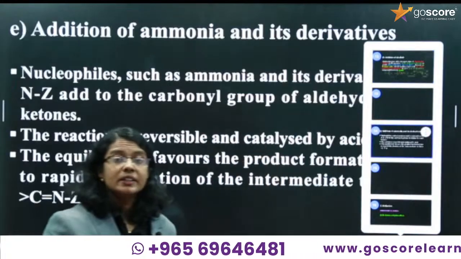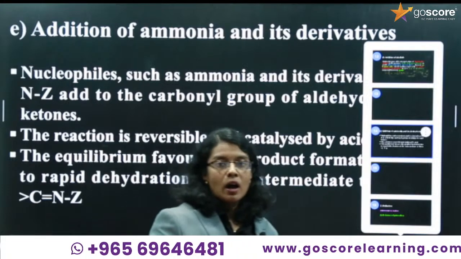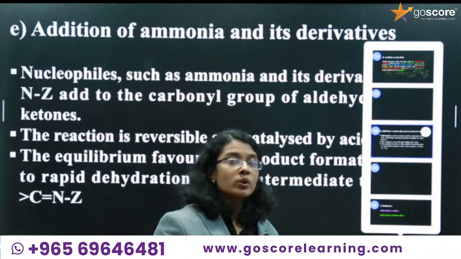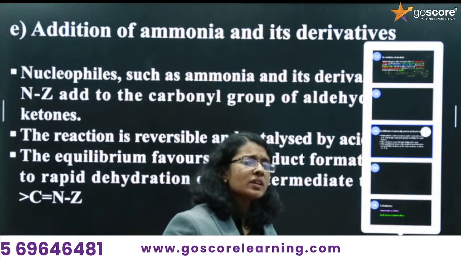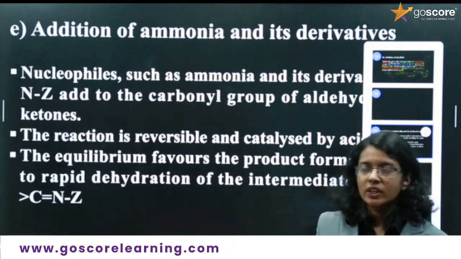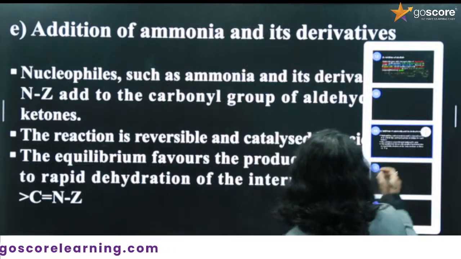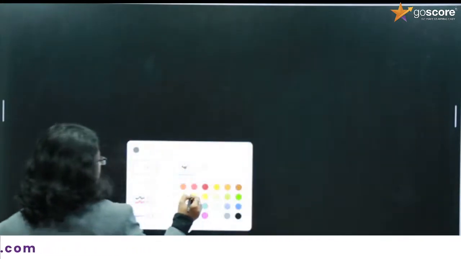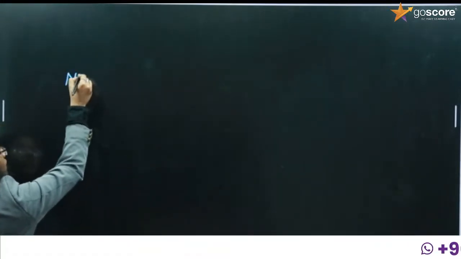Next one is addition of ammonia and its derivatives. Then tell me, what is the formula of ammonia? The formula of ammonia is NH3. Is it?